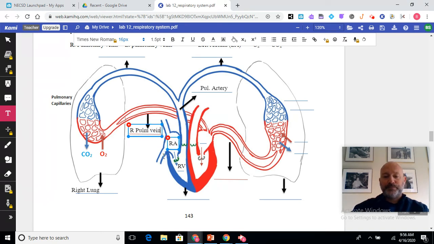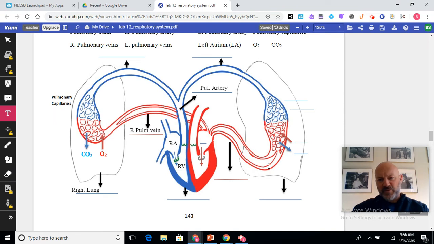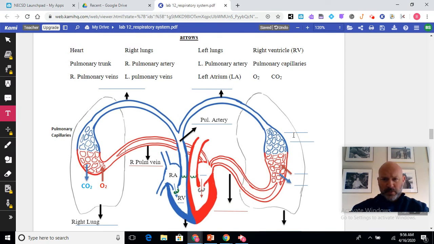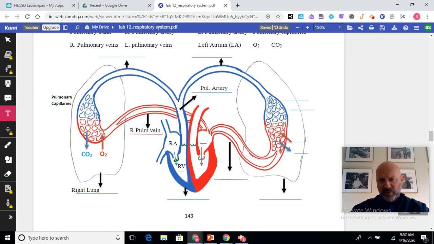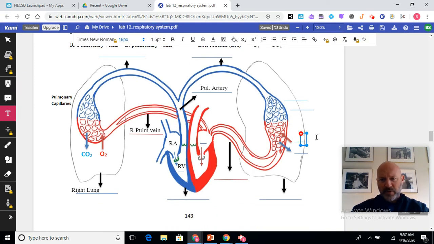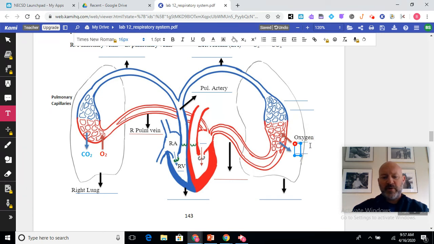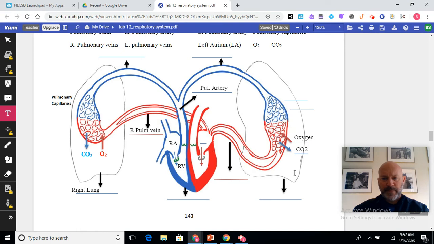On the other side is going to be the left pulmonary vein, right? So what is being exchanged between the blood here? Well, oxygen is going in, right? It's entering the blood, where carbon dioxide is exiting the blood.